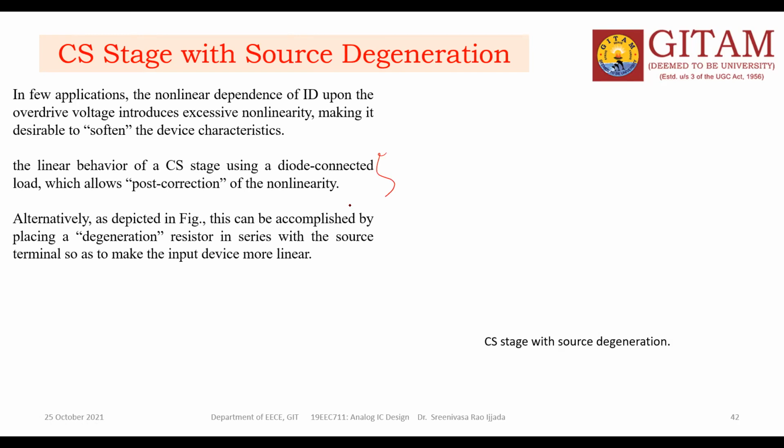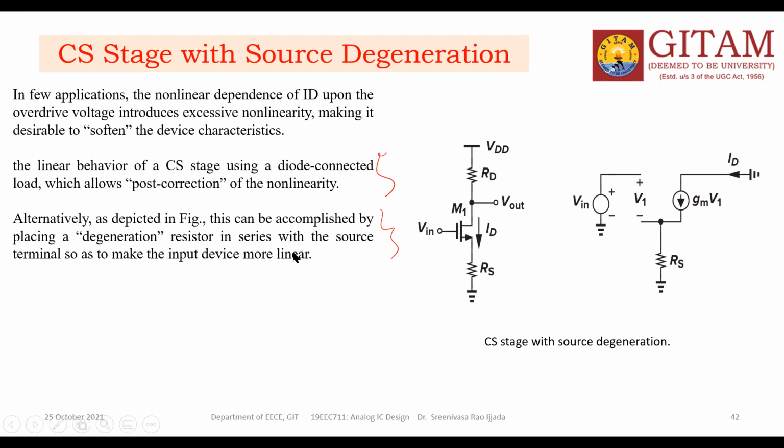That becomes the CS stage with source degeneration. What is the aim? To improve the linearity more. Whatever linearity is obtained in the diode connected load is not enough, so we need to improve that. That is called source degeneration. Okay, we'll see this.